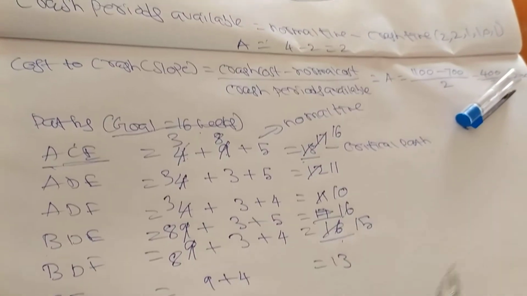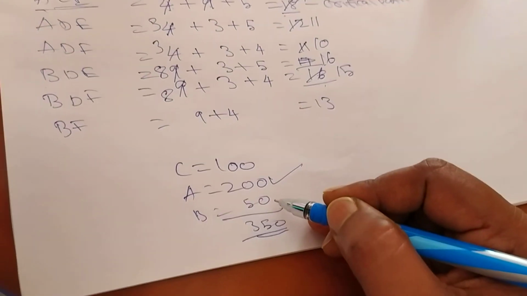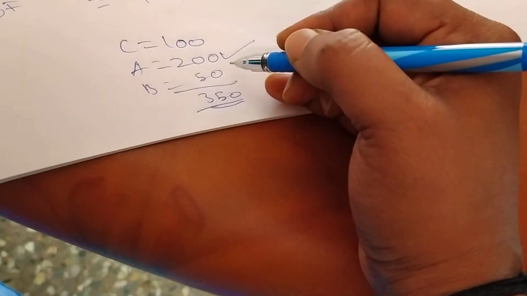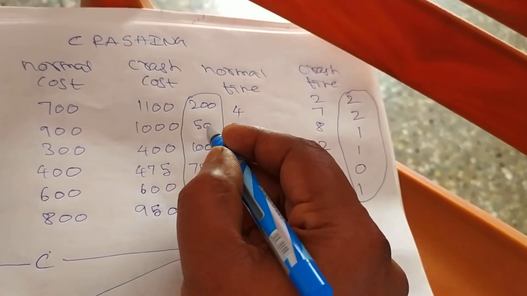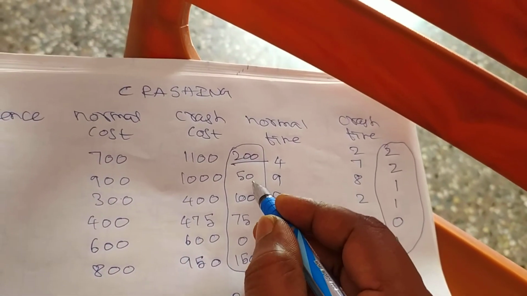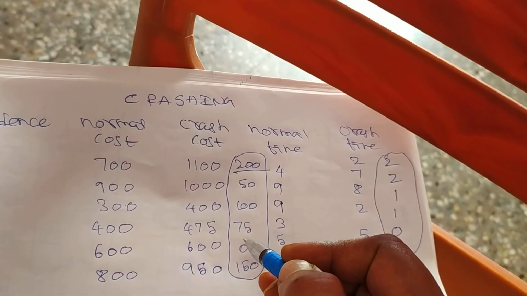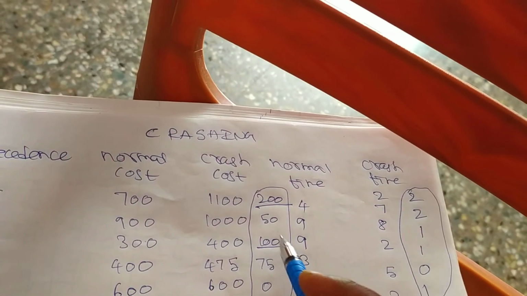So what are all the things we have to reduce? First one is A. A is the 200 value. Correct? The reduced cost. So here A is reduced at 200. Then C is reduced at 100. Then B is 50.